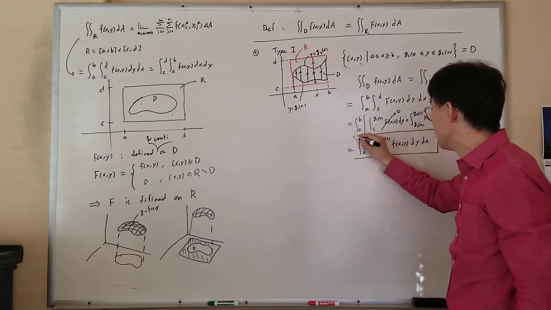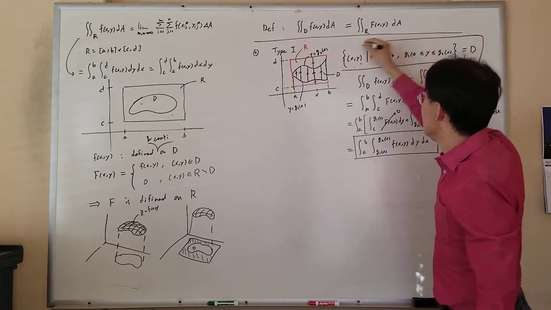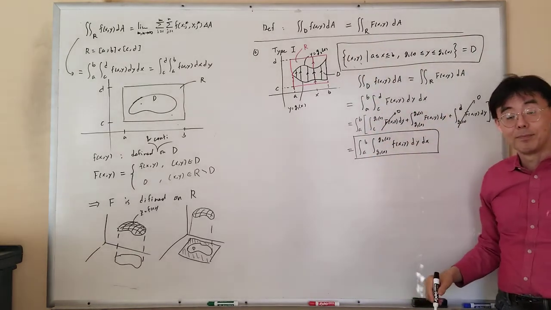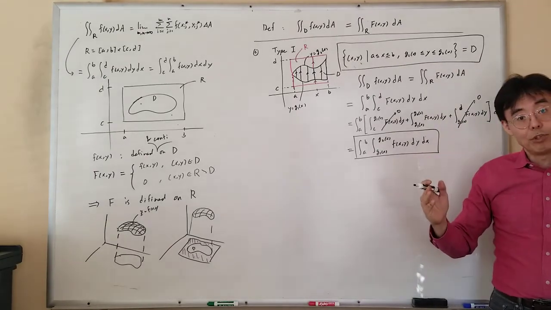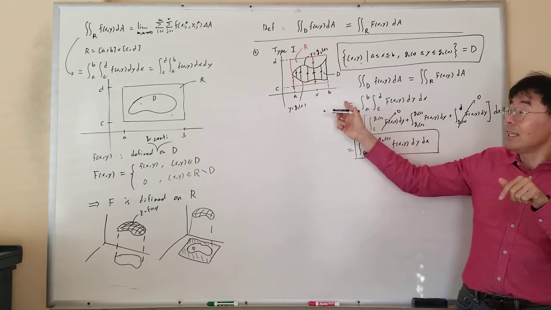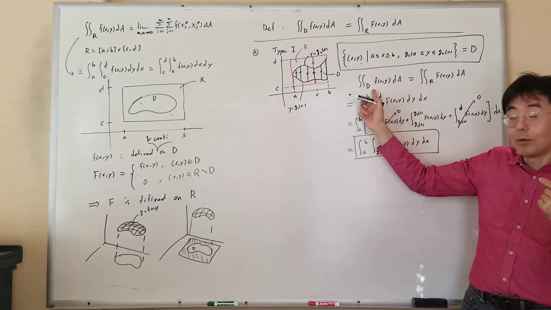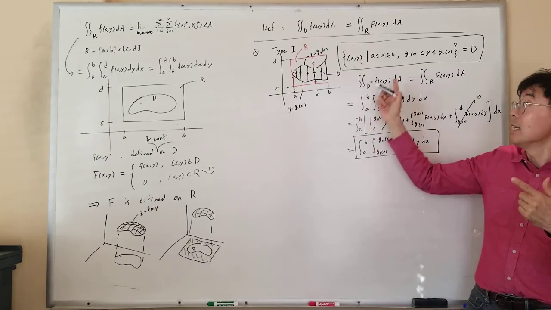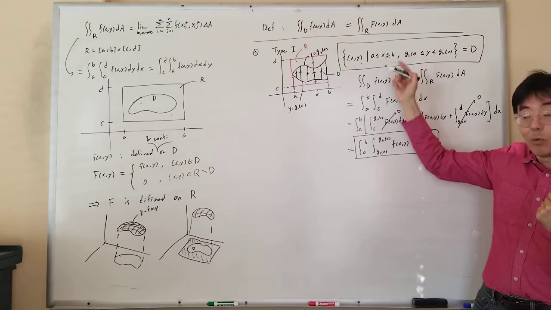This is it. So if your domain is type 1, x runs from A to B, y runs from g1 of x to g2 of x, then the iterated integral of f of x, y over the domain D is exactly the way you described your domain as type 1.